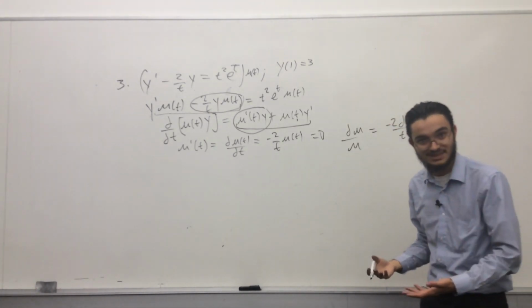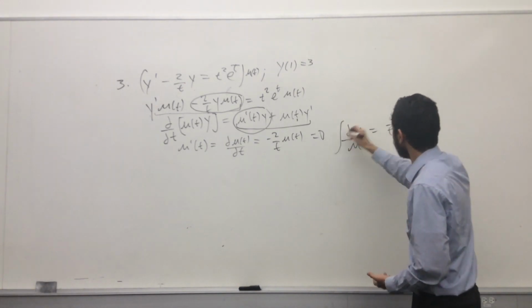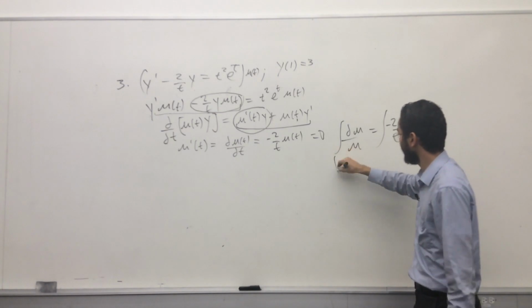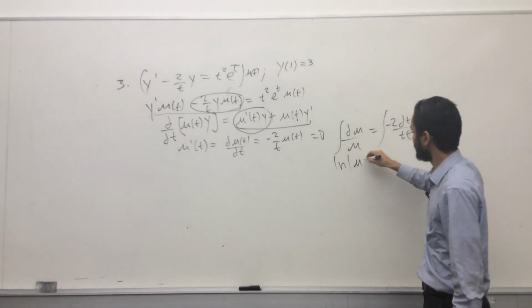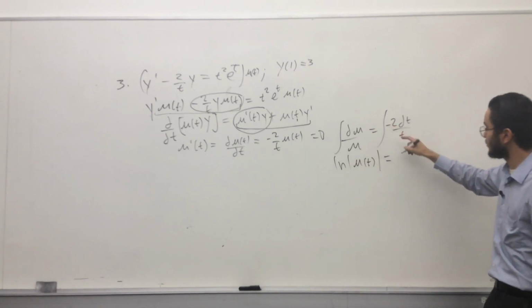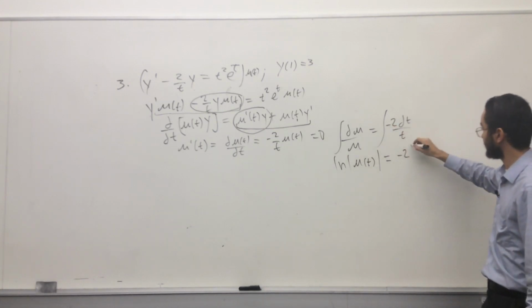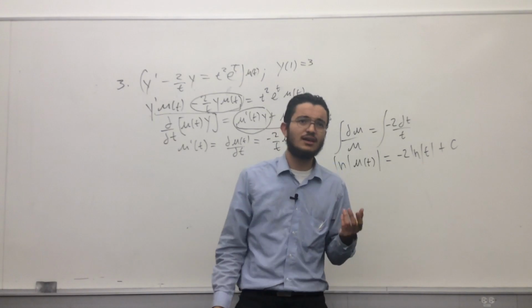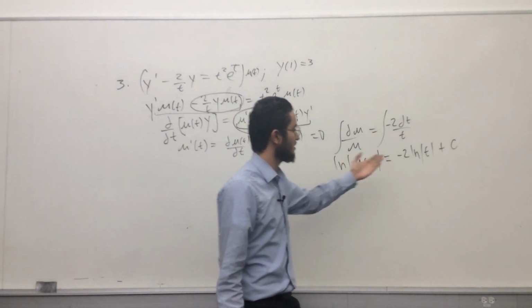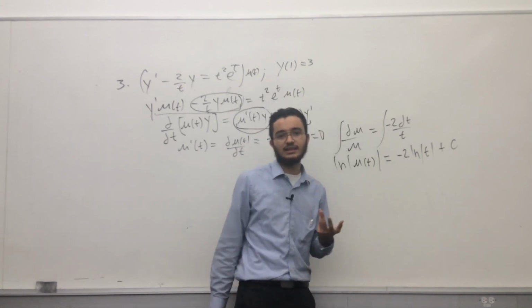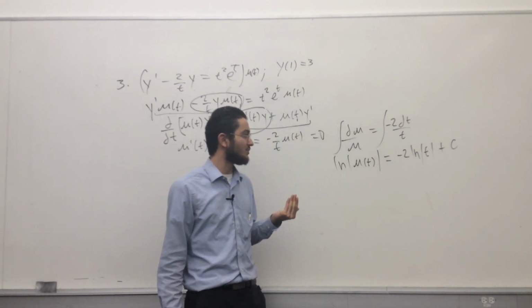Now what's the next step? We just integrate both sides. This is an indefinite integral. We get ln absolute value of mu of t equals negative 2 times the natural logarithm of the absolute value of t plus some constant c. But for integrating factors, the constant c does not play an important role, so usually we just let it be equal to 0.